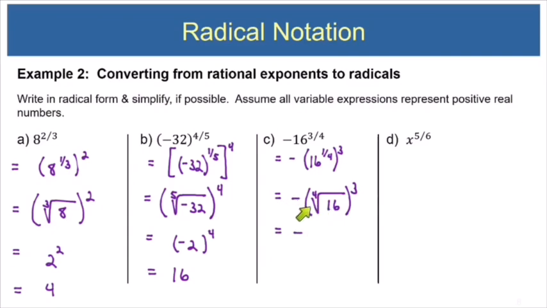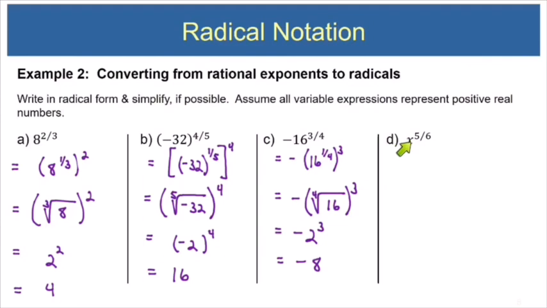So we're going to have negative 2 to the third. And at this point I don't need the parentheses anymore because there's just one number here. So of course the exponent is going to apply to that number, and I don't need parentheses around the number to show that the negative is not included. Okay, so now 2 to the third power is 8, so we're going to have negative 8.